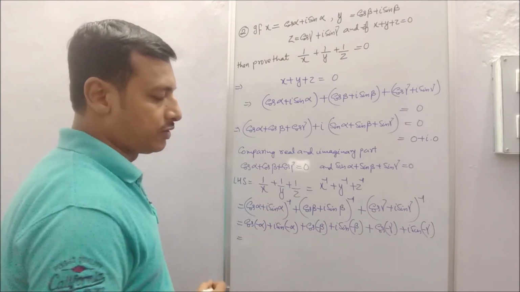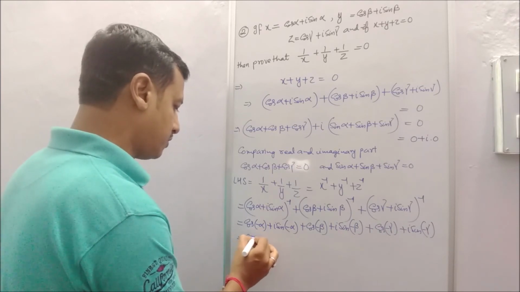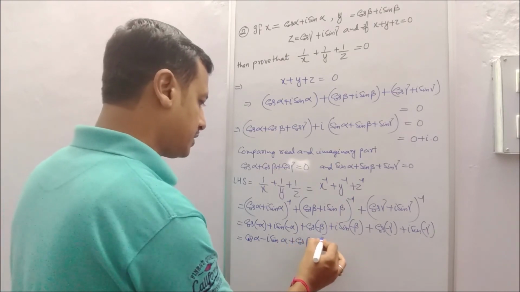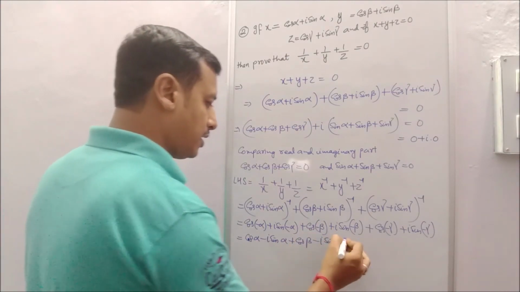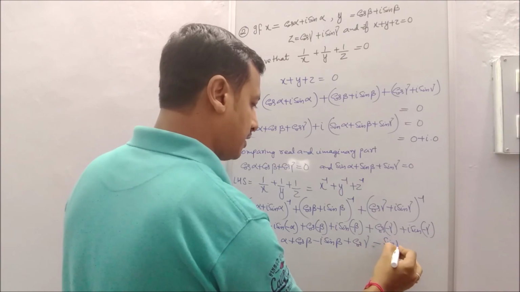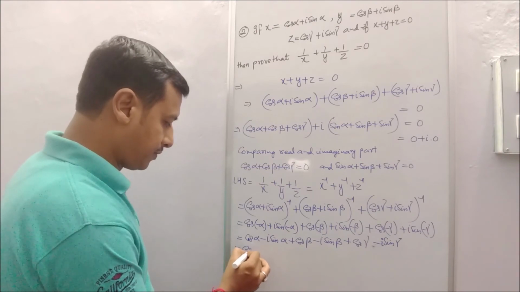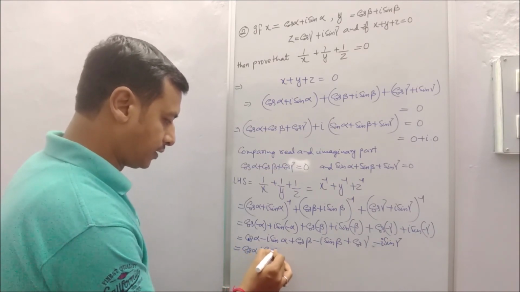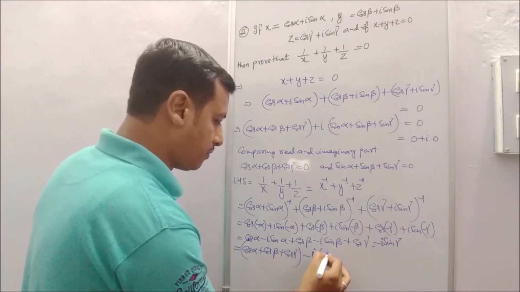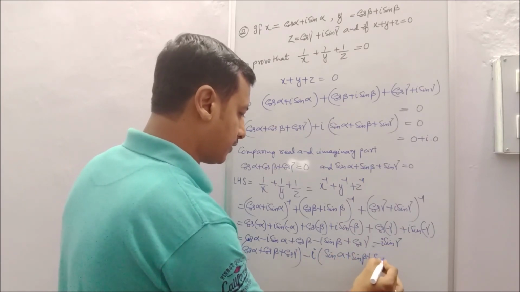Cos minus of theta is equal to cos theta, and sin minus of theta is equal to minus sin theta. So this is cos alpha minus I sin alpha, cos beta minus I sin beta, cos gamma minus I sin gamma. Now writing the real part, taking minus I as a common, sin alpha plus sin beta plus sin gamma.